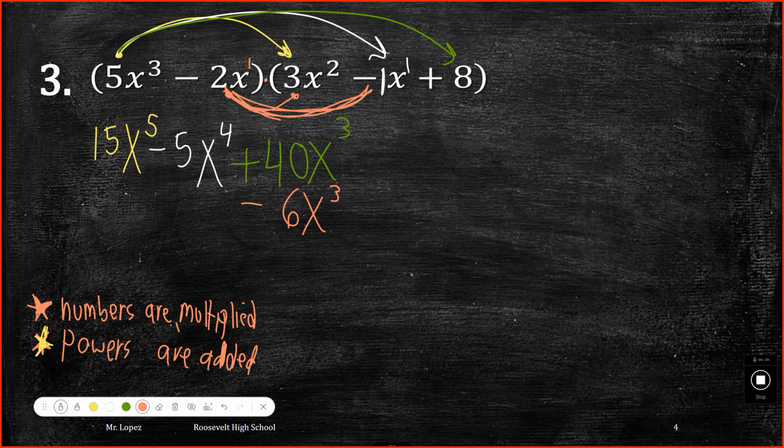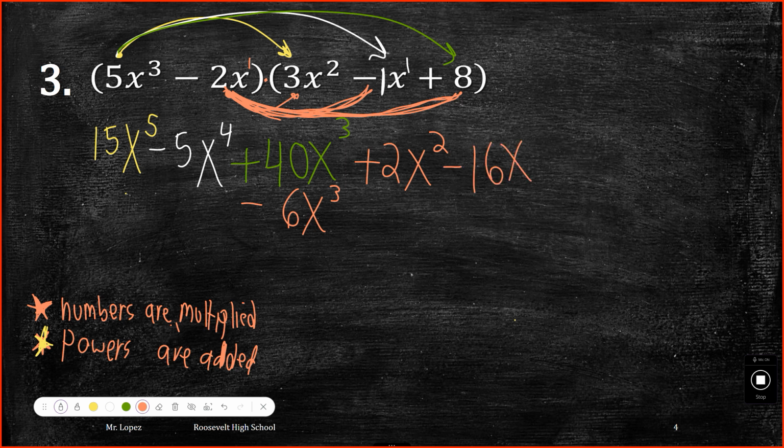Negative times a negative equals a positive what? 2 times 1 is 2x squared, because 1 plus 1 is 2. And the very last one here. Negative 2x times 8. What's negative 2x times 8? Negative 16x.